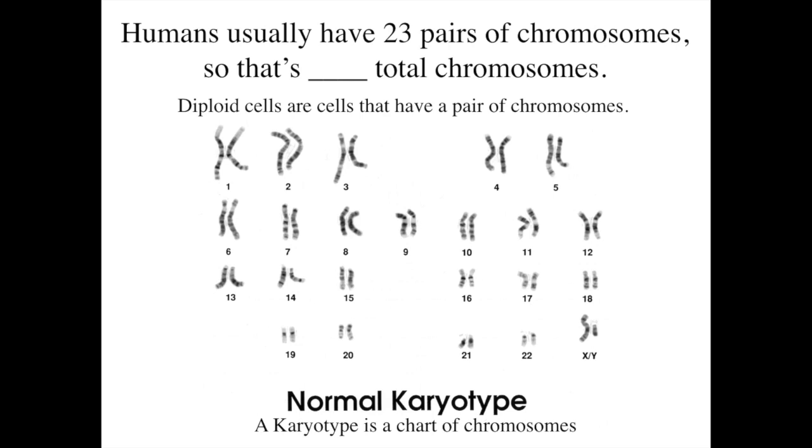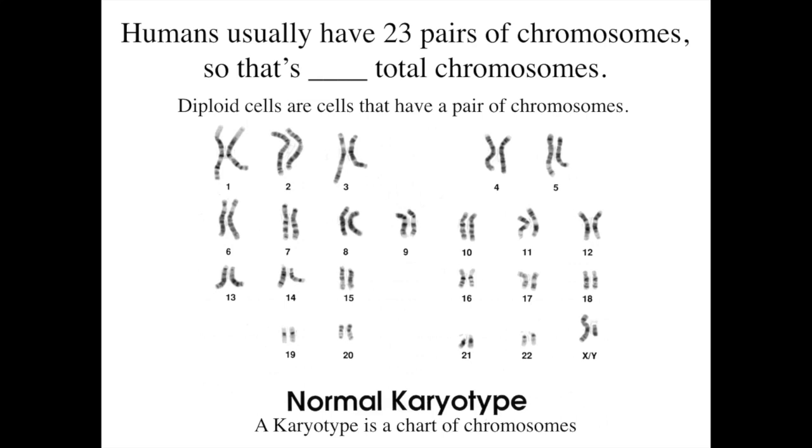If we go through and count, there's a total of 23, so you can see 1 through 22, and then the last one, the 23rd, is either the X or Y. That is the sex chromosome, which identifies or controls gender. If you have an X and Y, that's a male. If it's an X and X, that's a female.